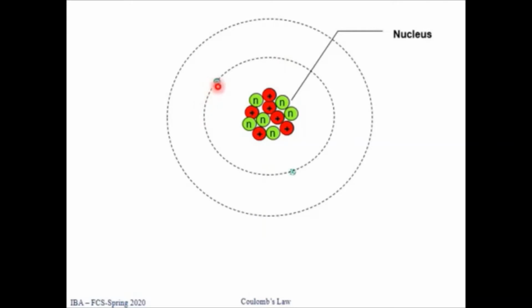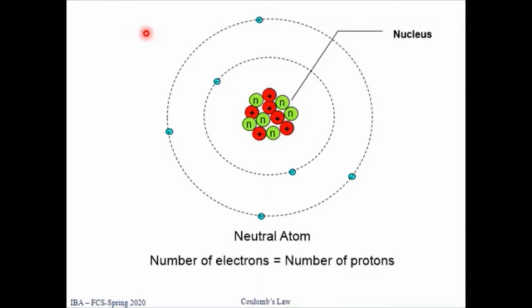One electron is here, 2, 3, 4, 5, and 6. So 6 electrons are around the nucleus and 6 protons are within the nucleus. Therefore, the whole atom is considered a neutral atom because the number of electrons is equal to the number of protons. Now let's see the second scenario.